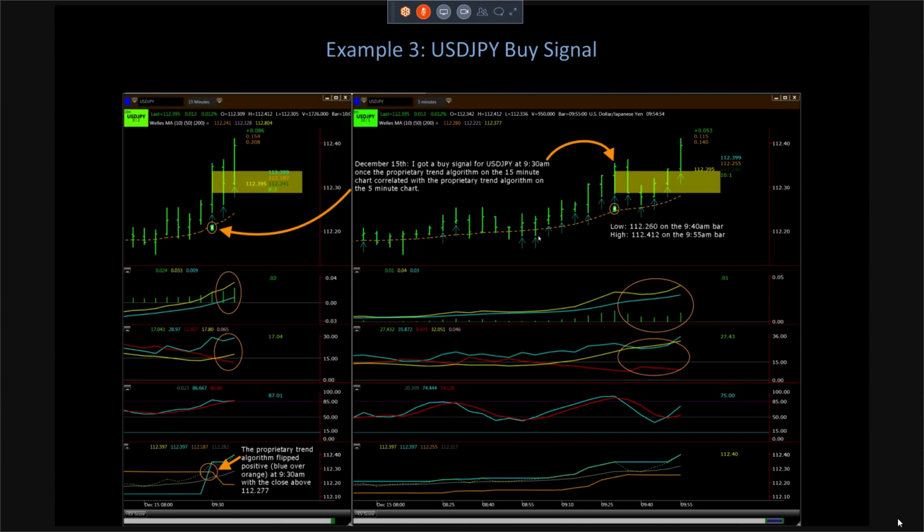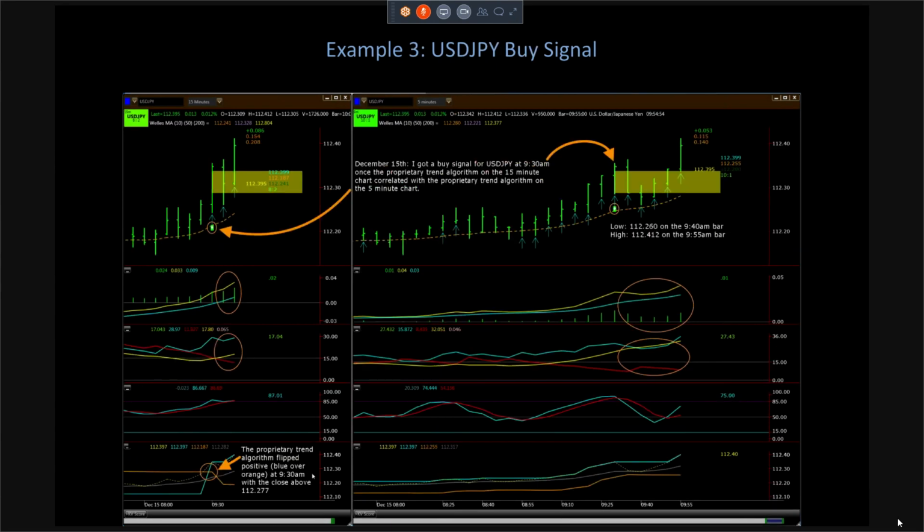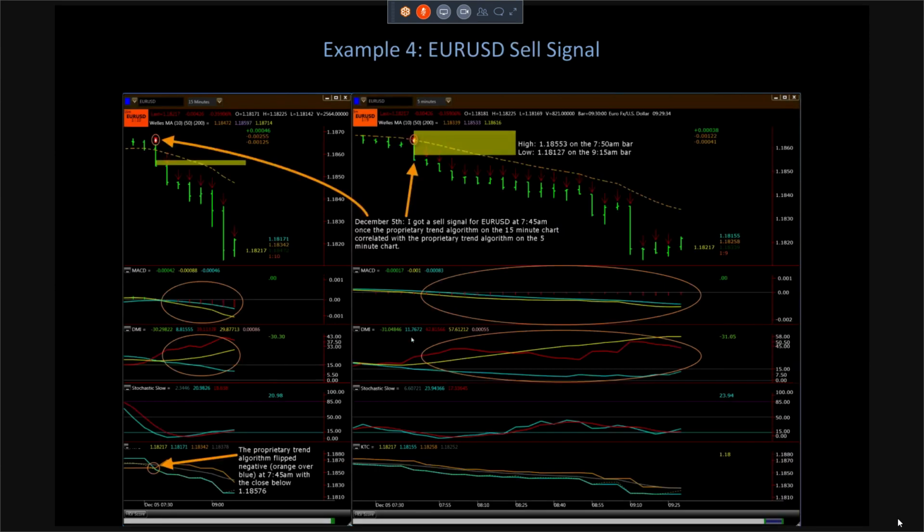I wanted to show you, again, here's the euro dollar. The 15-minute time frame correlated with the 5. In this case, the 15-minute time frame correlated with the 5-minute on dollar yen. In this case, on dollar CAD, you can see how the 15-minute time frame again correlated. Here's the buy signal.